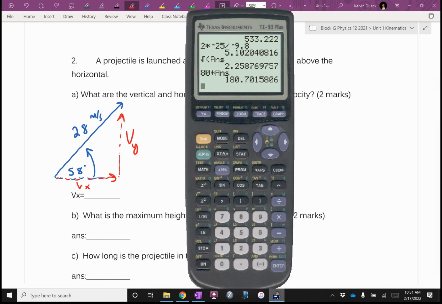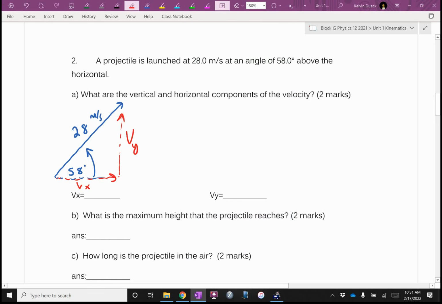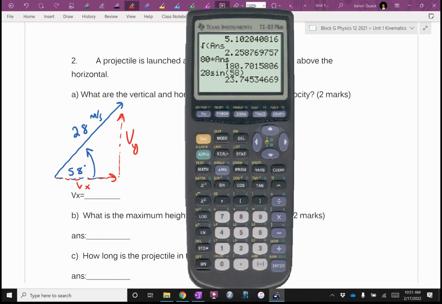So Vy is going to end up being 28 sine 58. 23.7. I will be fussy because this is an answer. If you didn't put units, I would take a half off. Vx is going to be 14.8.